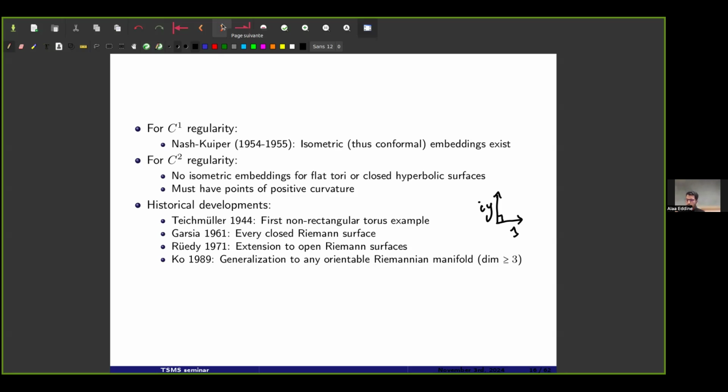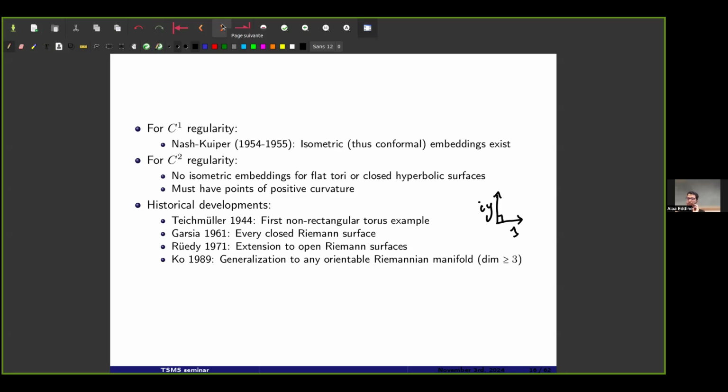These examples, the construction or the proof of Garcia and Ruedy and co, all of them are not constructive. So they don't give an explicit example for each Riemann surface. And this is basically because, as I said, it is very hard to solve the Beltrami equation, and it comes back to this.